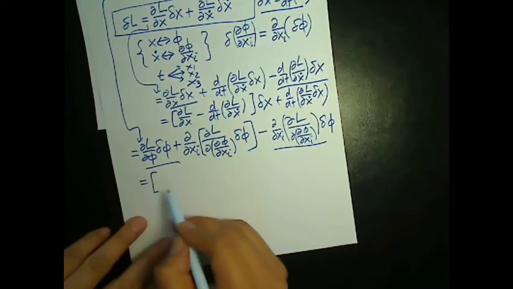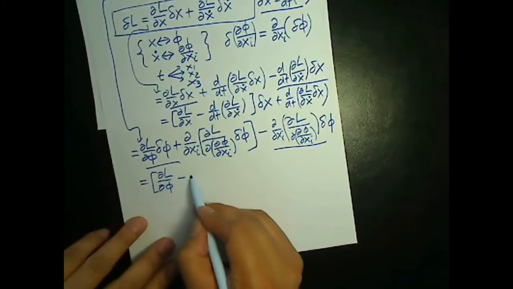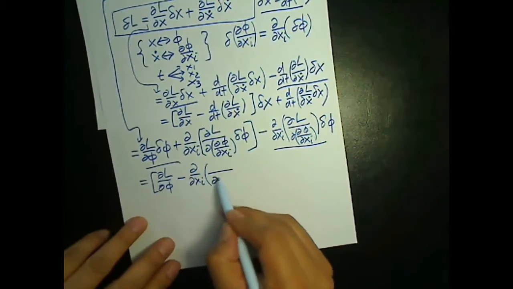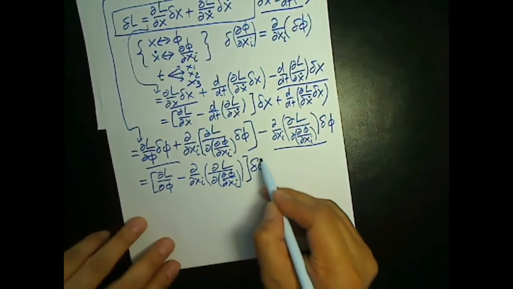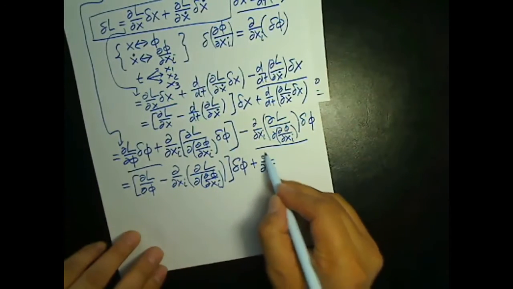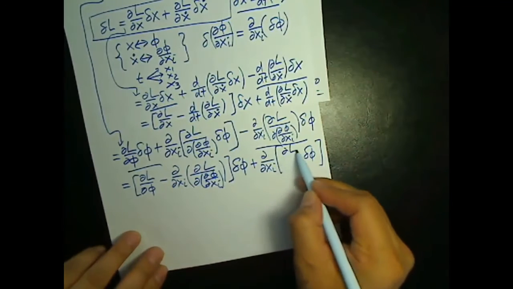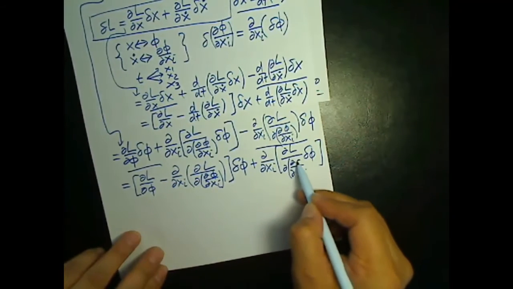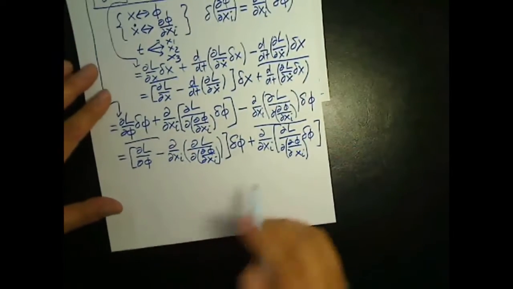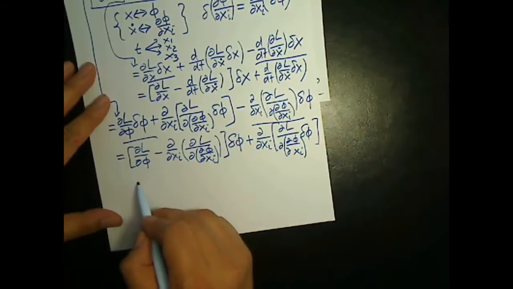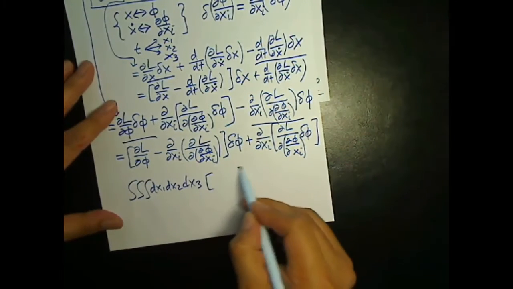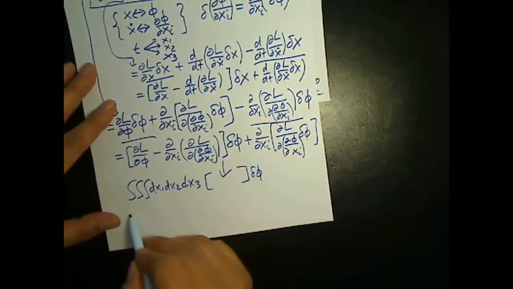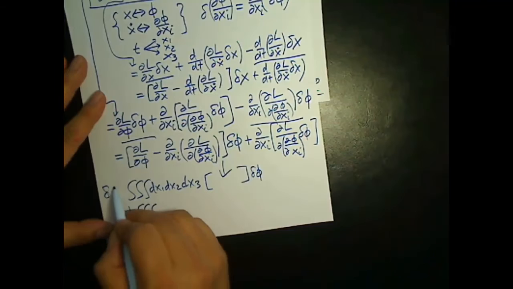And we have two similar pieces. The delta phi dependence can be collected, plus this, and we shall find that this is integrated over the space, the action.